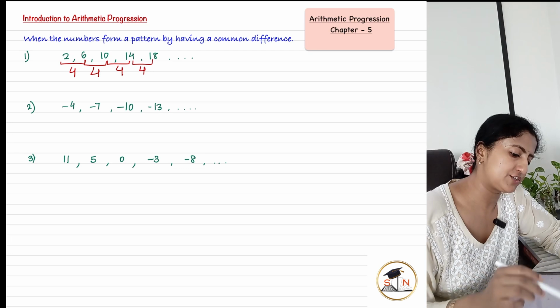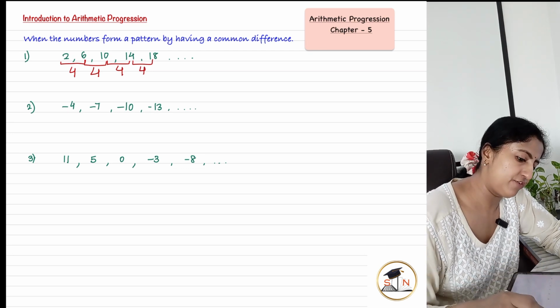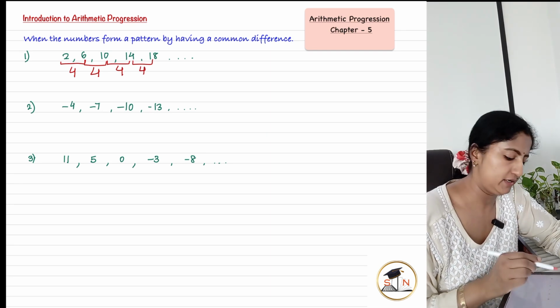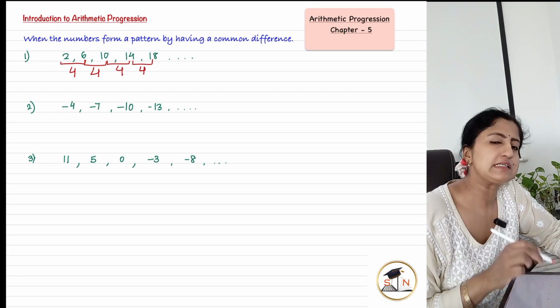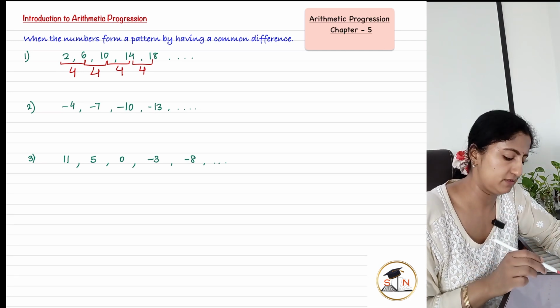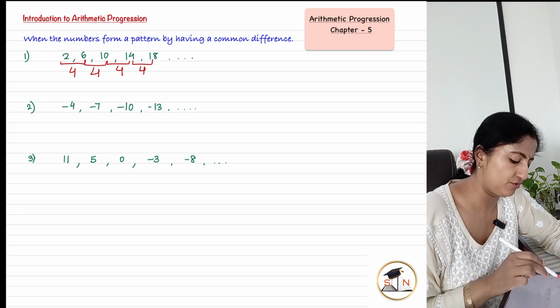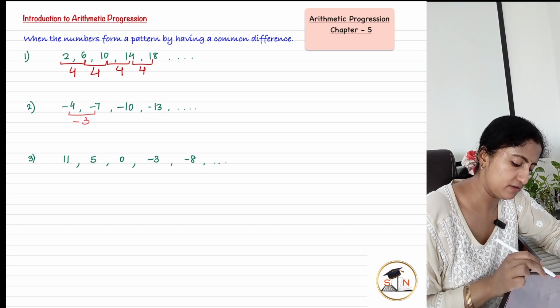Okay. So let's try to understand it better using the second example. Minus 4, minus 7, minus 10, minus 13. Right. Now, what's the difference in the first two terms? Remember, second term minus the previous first term. So, minus 7 minus minus 4 gives us minus 3.